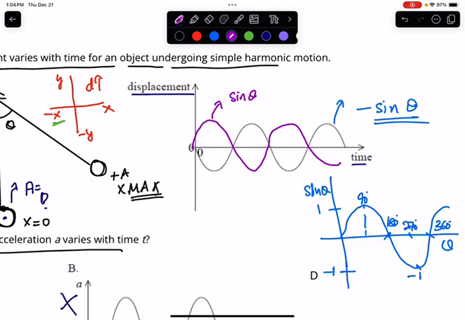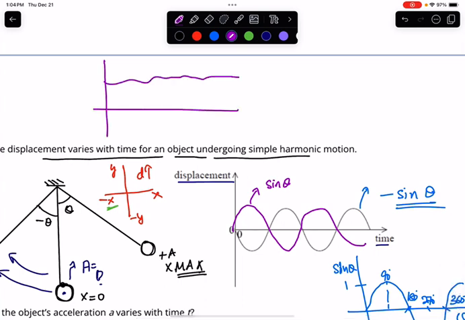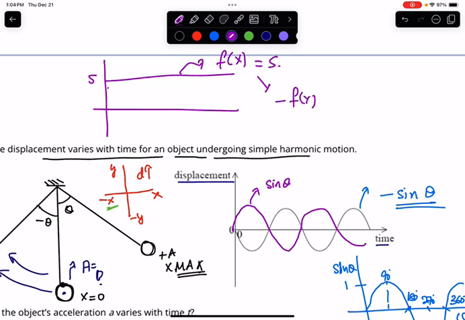Okay, but what we have seen is, let's say we graph a function. Let's say this is 5. So we know that f of x is equal to 5. So if someone asks you to graph negative f of x, you'll just graph -5, which is this line, correct?